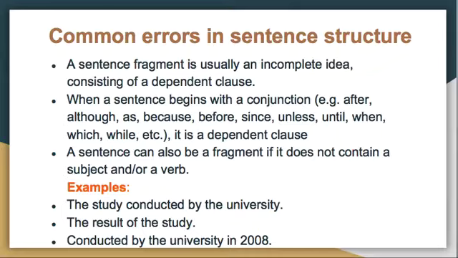So a sentence fragment is usually an incomplete idea consisting of a dependent clause, and it needs an independent clause to complete the thought or idea. When a sentence begins with a conjunction, for example, after, although, because, before, since, unless, until, when, why, which, while, it is a dependent clause.